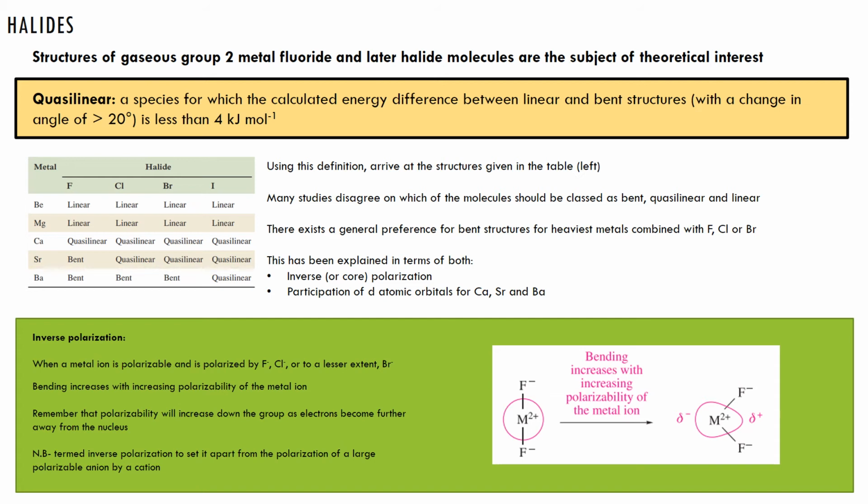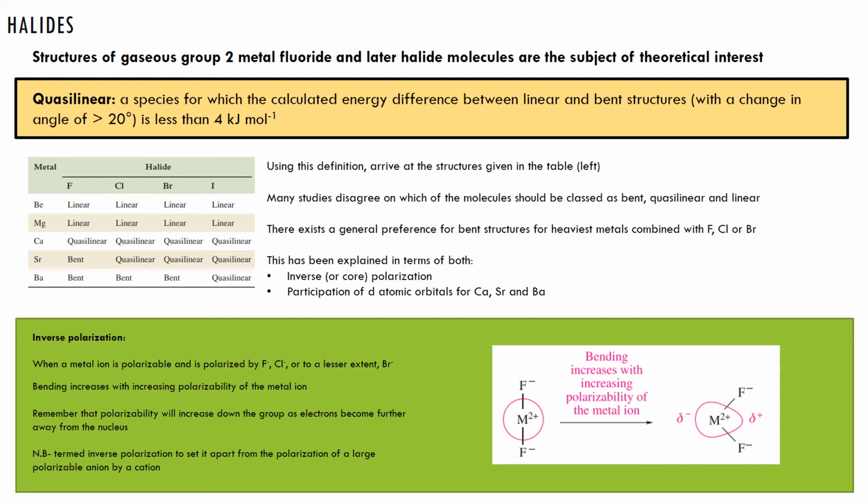So they can be linear or bent, but if the calculated energy difference between the linear and the bent structures is less than 4 kilojoules per mole, i.e. essentially indistinguishable, even by measuring using modern techniques, then we denote them as quasi-linear.